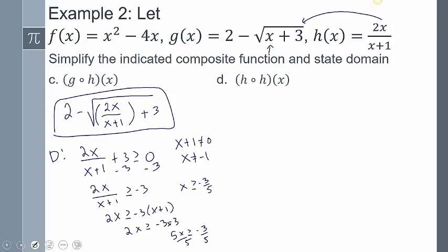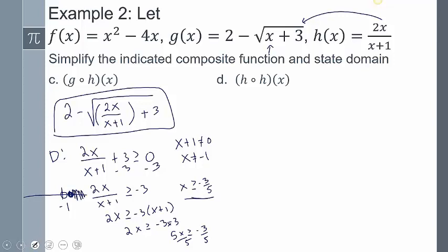And so in this instance here, we have to look at a number line. So I'll draw that number line here. We said at negative 1, that has to be an open circle because we said it can't be that value. And then we have negative 3/5, which just so happens to be right here. That has to be a closed circle, and we said that x is greater than that.